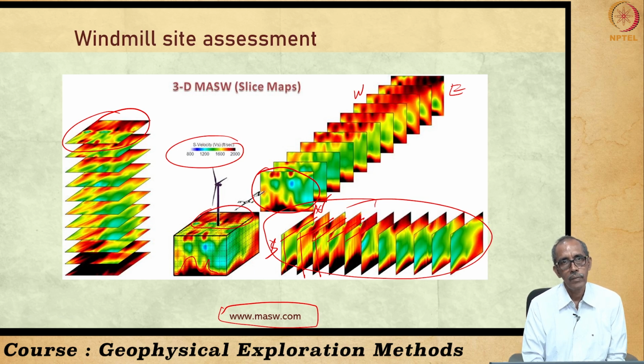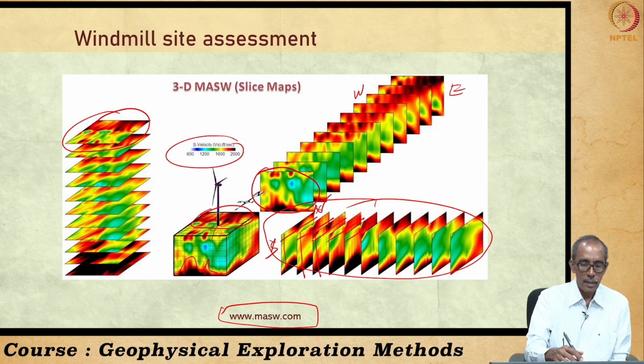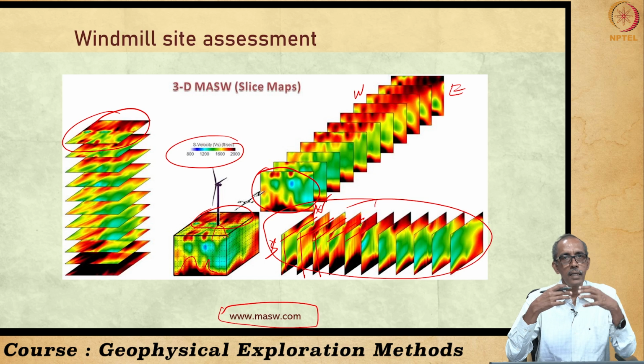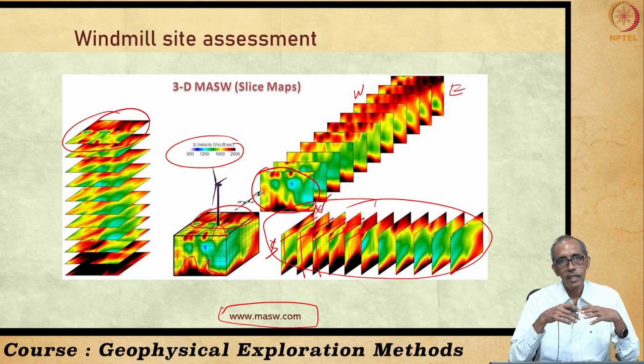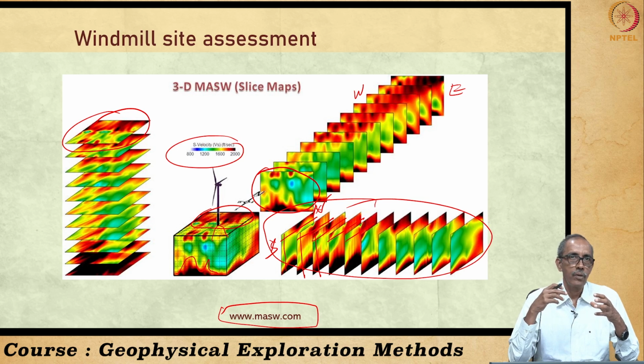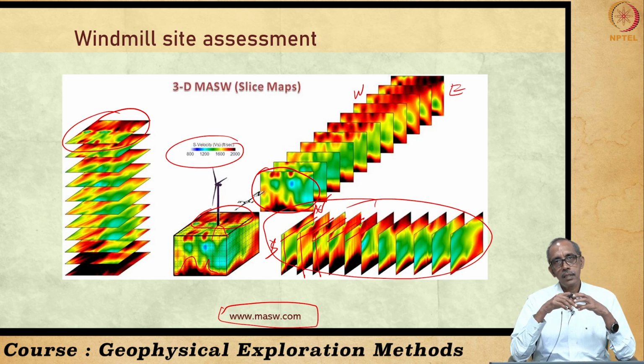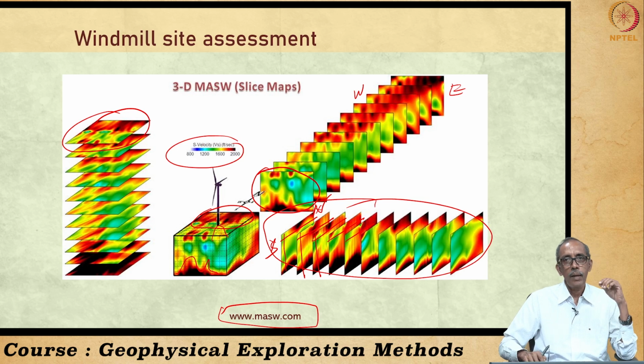Sound rocks, massive rocks. And you can even slice and see how the velocity varies inside. The software has the ability to slice different dices to understand how the velocity is distributed within this cuboid. So, this is another application of MASW.